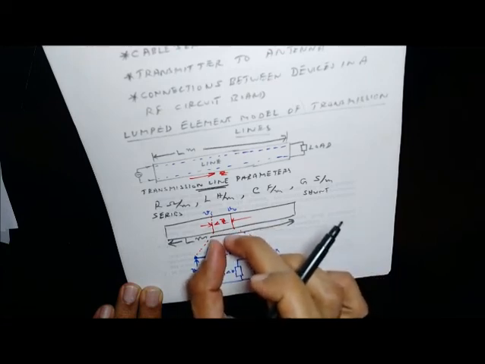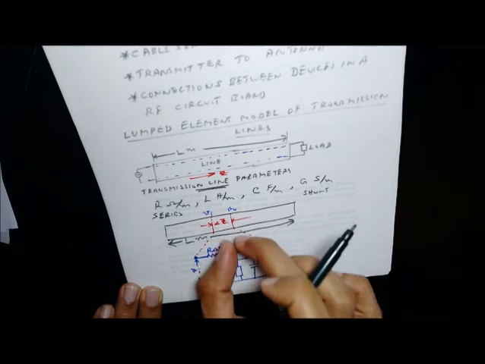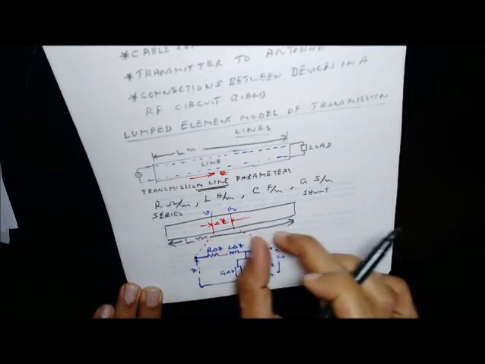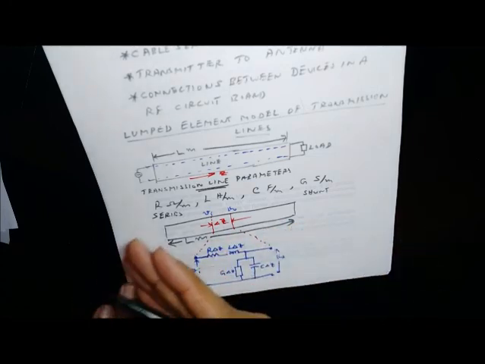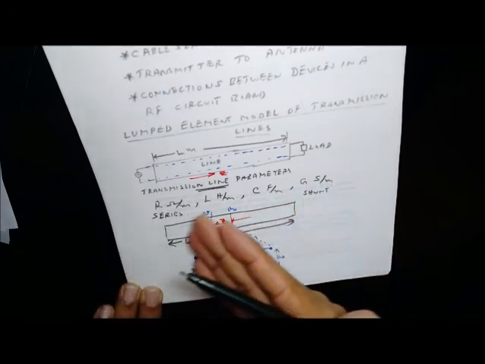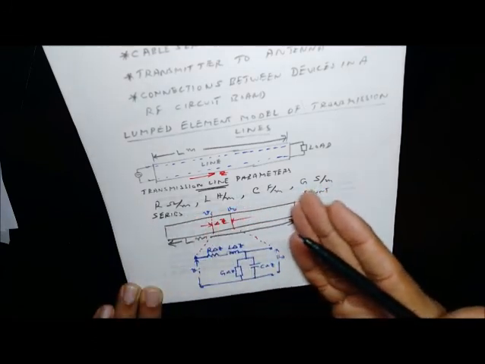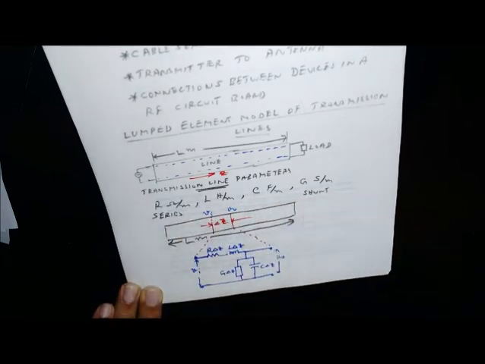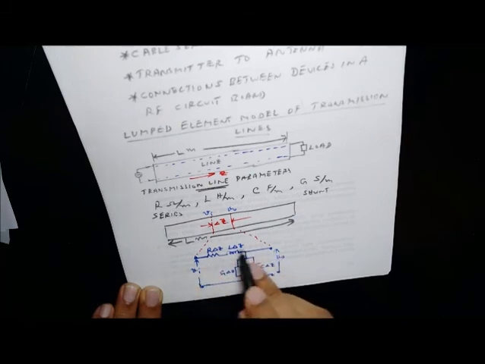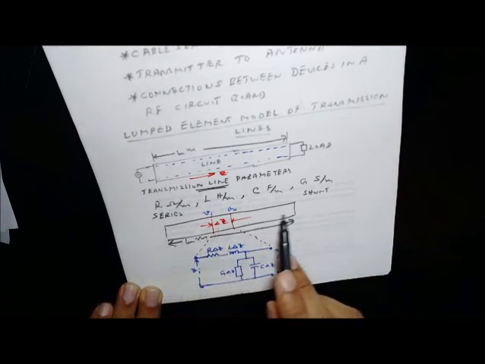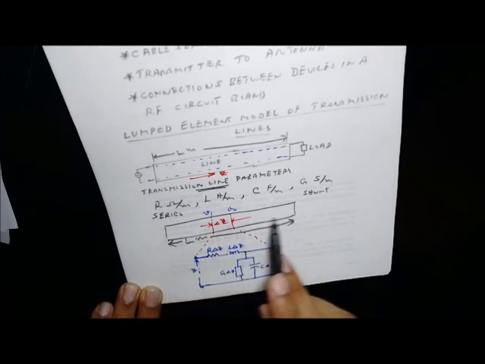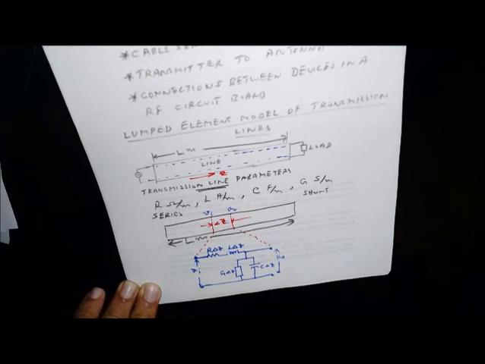So we can see the long transmission line as something that is made up of such tiny sections, such tiny units of length delta z each, which we put together to form the long transmission line, which will have the resistance distributed all over it, the inductance distributed all over it, capacitance distributed all over it, and the shunt conductance distributed all over it. Now, using this model, we will derive what we call the transmission line equations, and the solution of that tells us how the voltage and the current is going to vary over a transmission line of fairly long length, which will help us in designing systems using transmission lines.